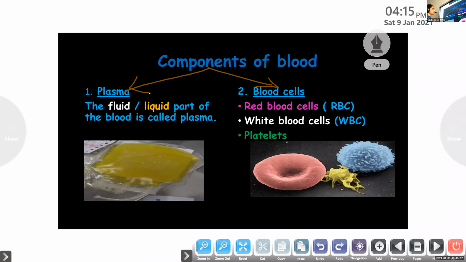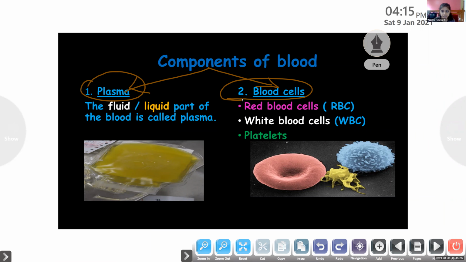The components of blood. First one is called plasma. Second one is the blood cell. Abhinav, Manoj, how many components are there for blood? Two components. Can you tell me which are the two components of blood?